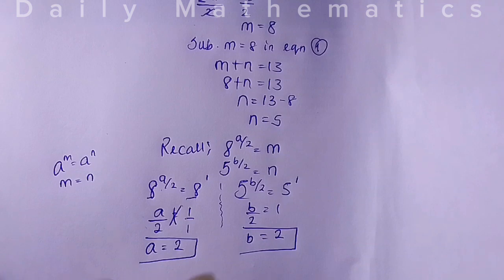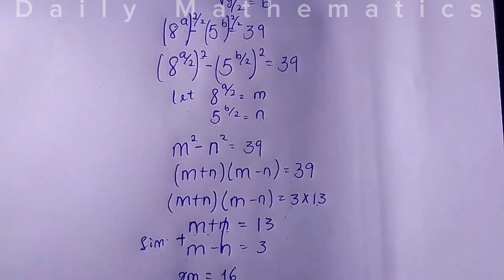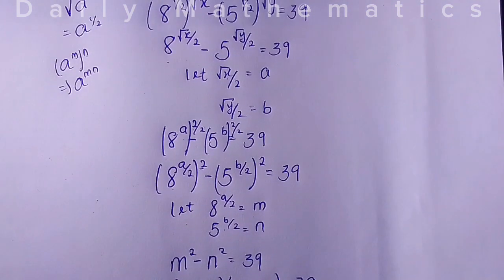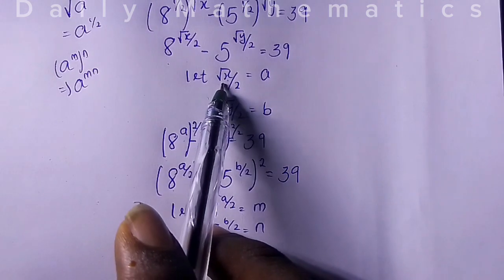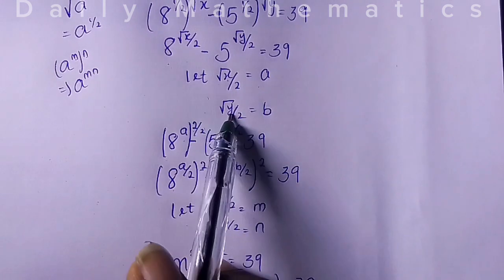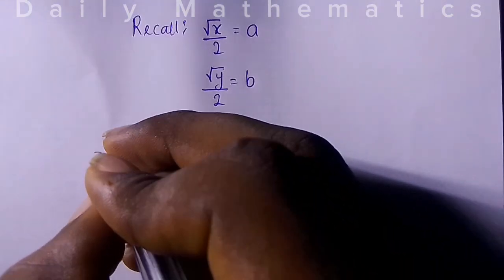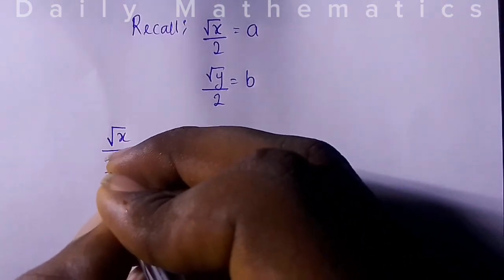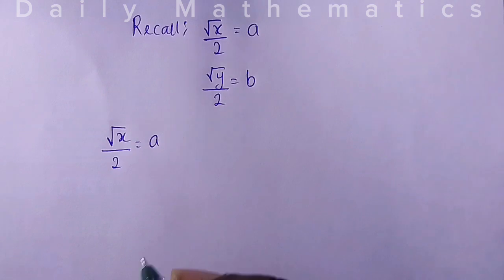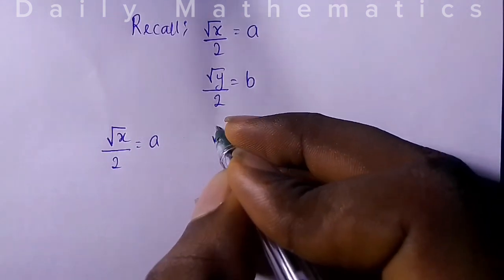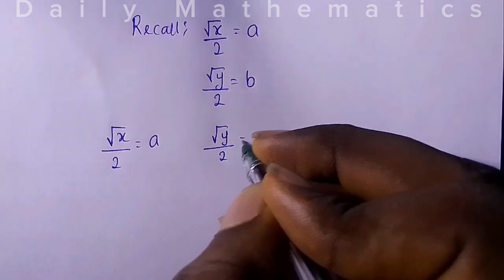Also recall here that root x over 2 equals a and root y over 2 equals b, right? So let's write it down. Root x over 2 equals a, and root y over 2 equals b.